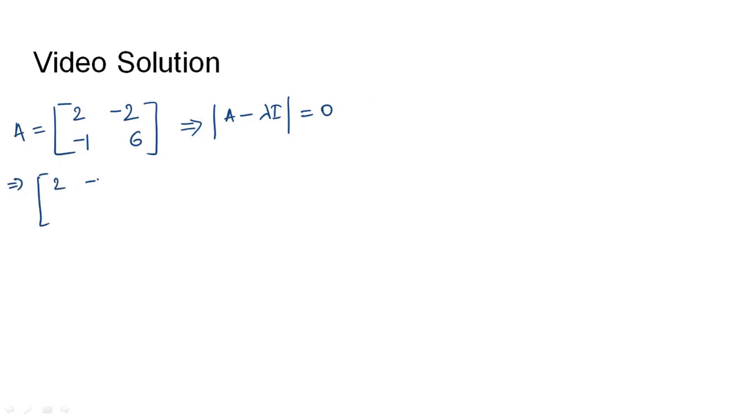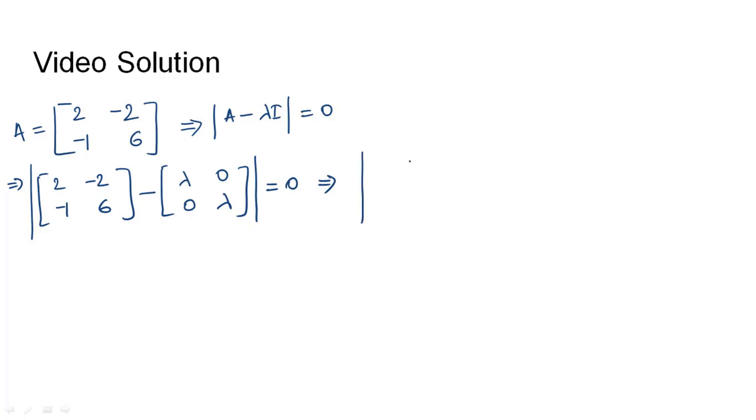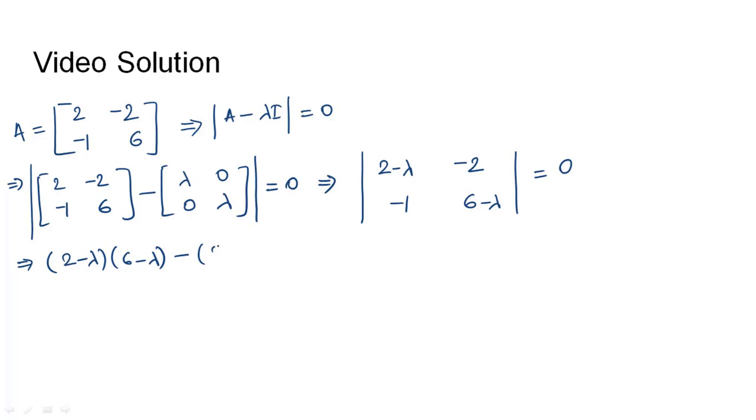So the determinant of [2-lambda, -2; -1, 6-lambda] should be 0. This is (2 minus lambda)(6 minus lambda) minus 2 equals 0, which is 12 minus 2 lambda minus 6 lambda plus lambda square minus 2 equals 0.